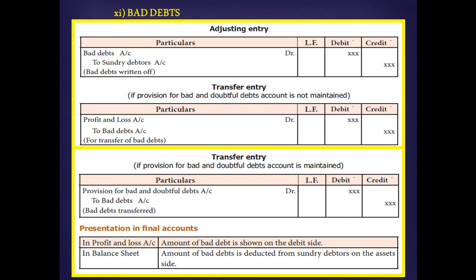If the bad debts amount is recovered in a future year, cash is debited and bad debts recovered account is credited in that year. The balance in the latter account is closed by transferring it to the credit of P&L as revenue in that accounting year.